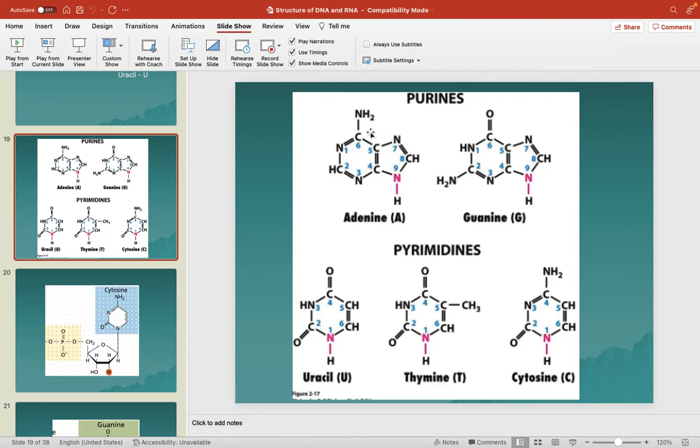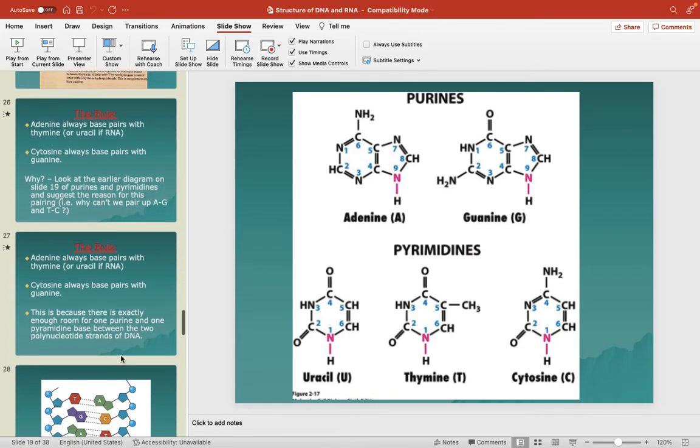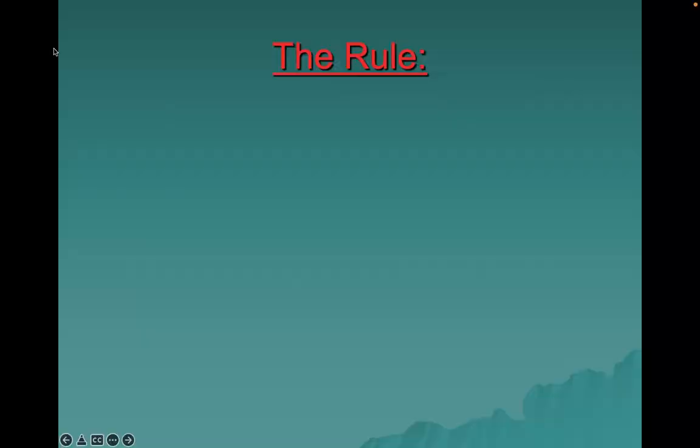So it's good to have three rings at any given point between the two sugar phosphate backbones. So it's good to have two rings from a purine and one ring from a pyrimidine at a consistent space. And that's what this slide you will see is saying.